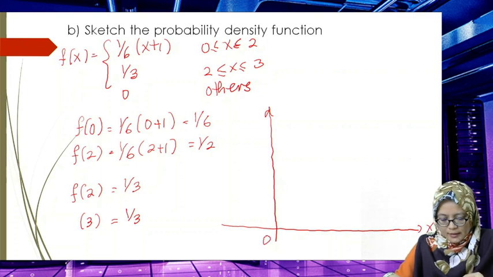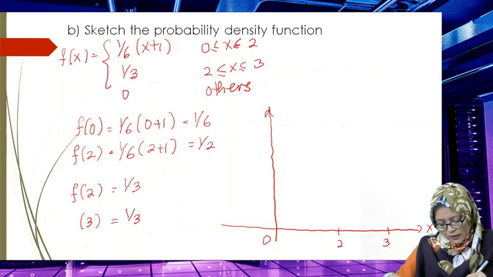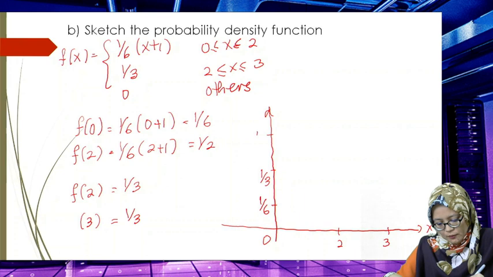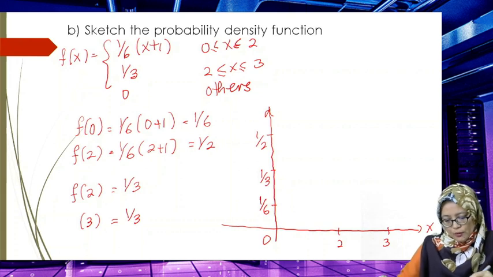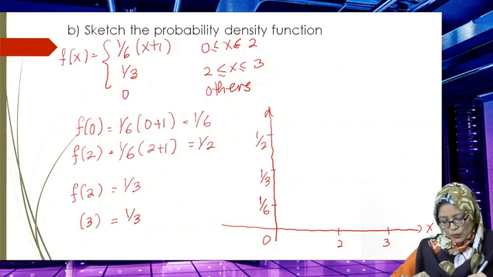Okay, so nilai yang kita ada 0 to 3. So ini 0 to 3. So nilai yang kita ada 1 over 3, 1 over 2, 1 over 6. So 1 over 6 paling kecil, then 1 over 3, then 1 over 2. Okay, so untuk x0, fx dia 1 over 6.